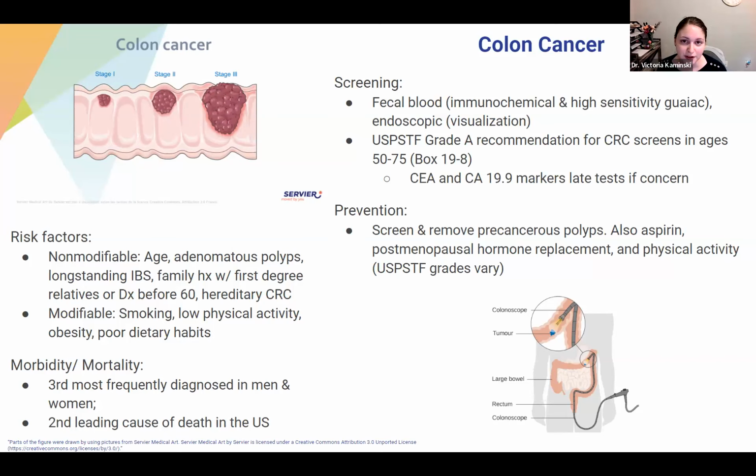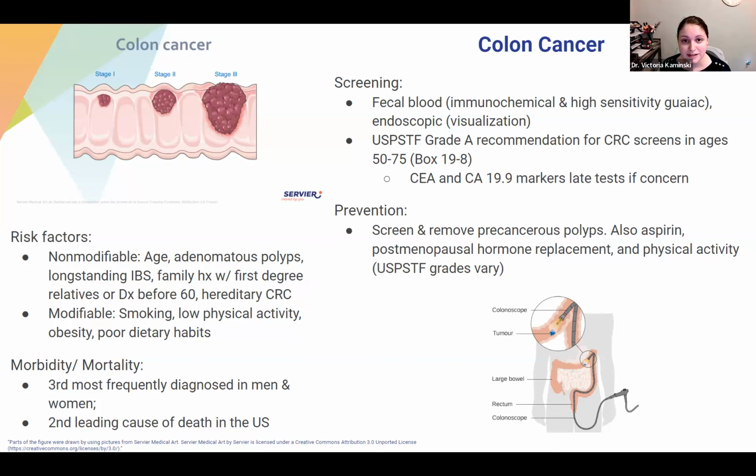We have non-modifiable risk factors, meaning those are things that the patient absolutely cannot change: their hereditary background, their age, their gender, those types of things. Whereas we have modifiable risk factors. A patient who is a smoker, a patient who is very sedentary, who has a diet often including red meats or fatty foods, those all contribute to potential for colon cancer risk.